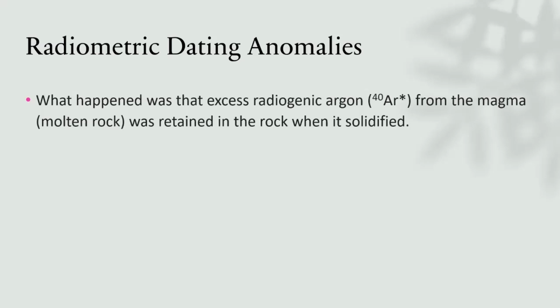The argon, which again is a noble gas, does not form chemical bonds, so it would migrate out of the magma easily and out to the surface of the earth, and especially during volcanoes, it would just off-gas immediately.